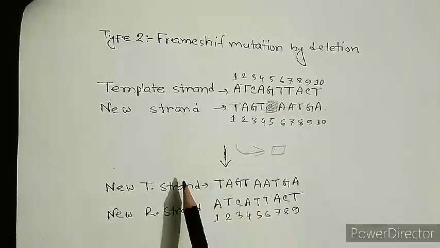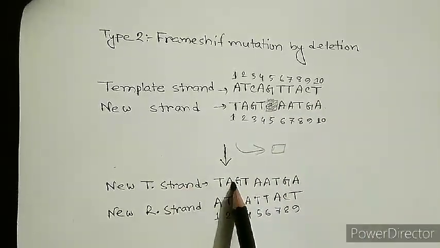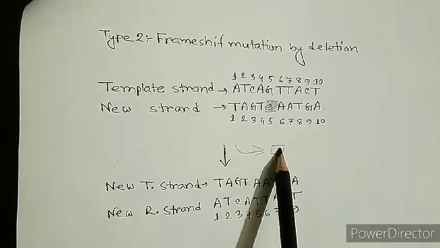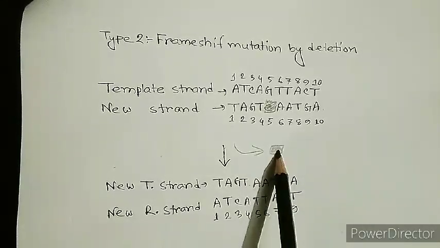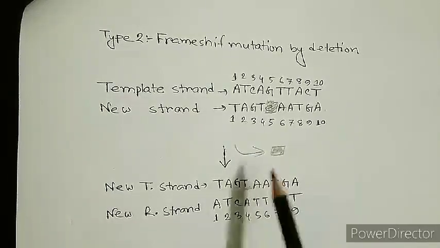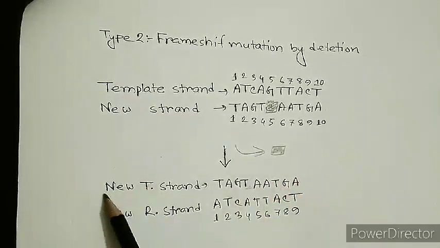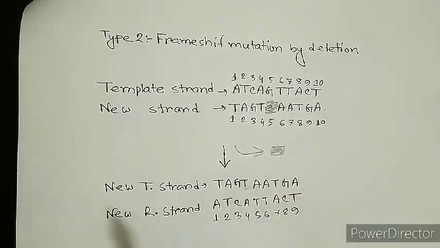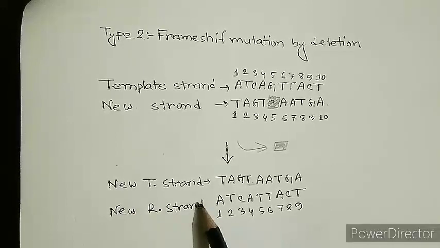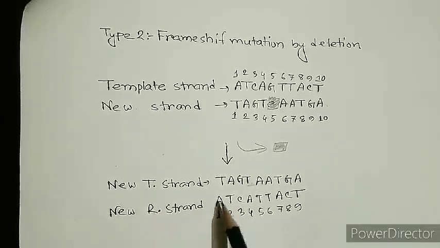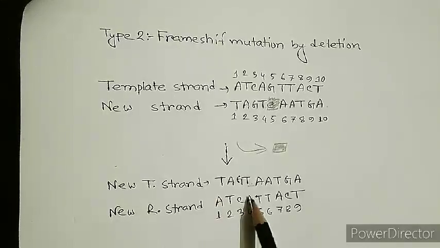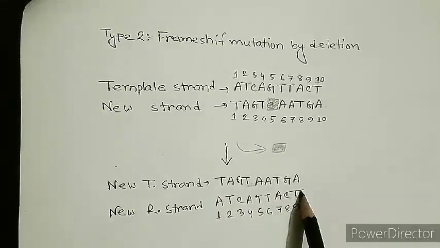So the new template strand has only 9 bases, that is missing the C. But as the intercalating agent has been removed, there is nothing that can replace it here. So the replication continues with those 9 base pairs. As a result, the new replicated strand becomes its complementary, that is ATCA TTACT.